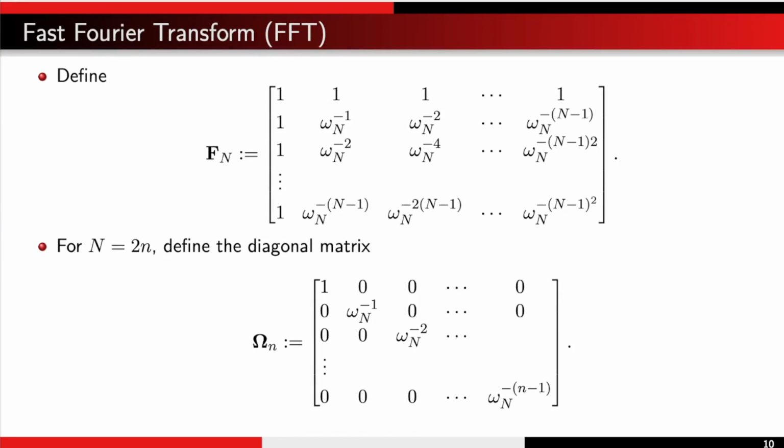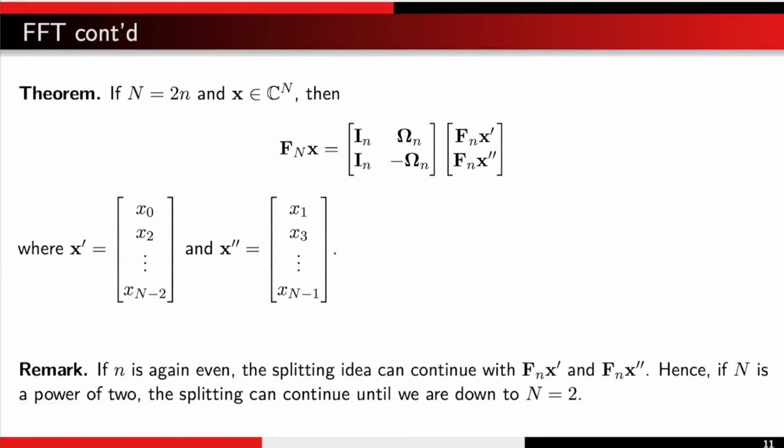If capital N happens to be even, we can define this matrix omega n to be this diagonal matrix. And the result is that to compute this, you can first compute this, which is like this, but with the dimensions halved, as well as this. Again, something that looks like this, with dimensions halved, multiplied by this simple matrix here.